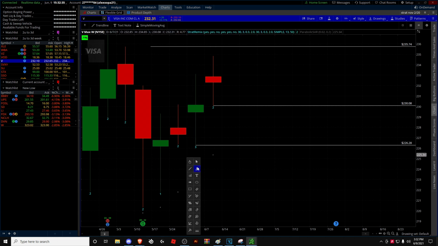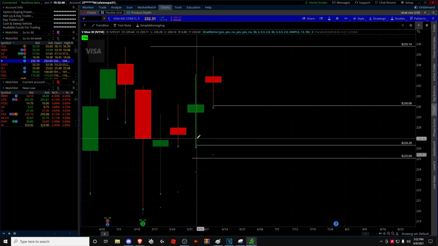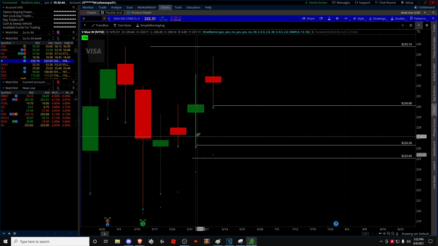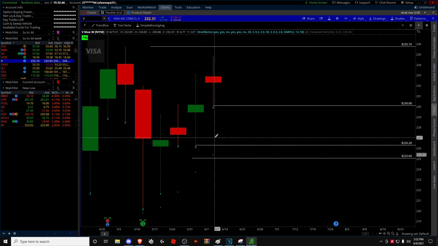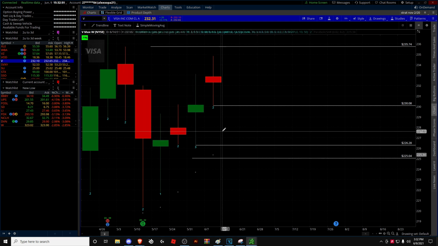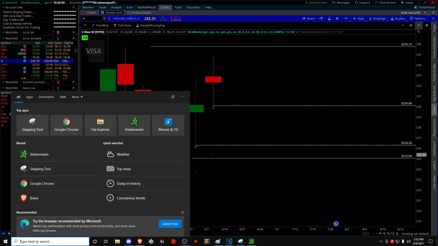Because if you have the right to sell shares at $225 and it's trading at 227, for a put, remember, then you're going to be $2 out of the money, which means that your option is pretty much worth nothing intrinsically. And once again, intrinsic value is going to be your strike price compared to the price.